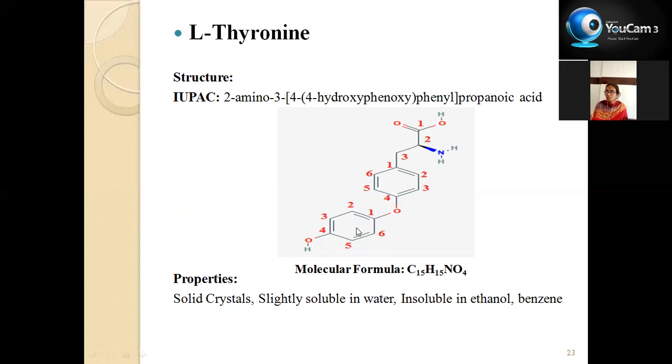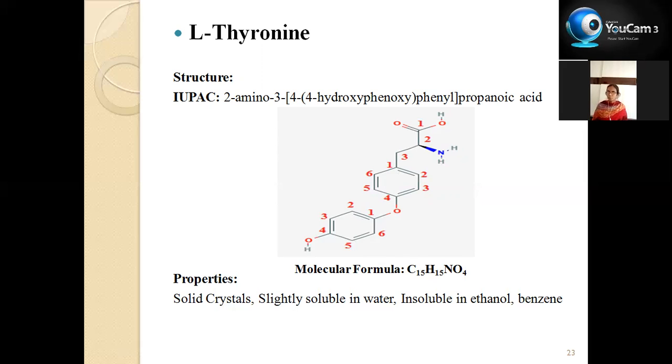See here, this is the structure of the phenyl. In the fourth position, hydroxy is there, and here one oxygen is there, so it is 4-hydroxy, and this is a phenoxy. So according to the IUPAC name, it is 2-amino-3-(4-(4-hydroxyphenoxy)phenyl)propionic acid. So this is the structure and IUPAC name.